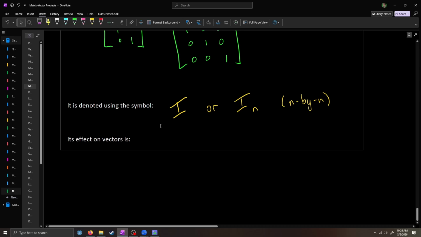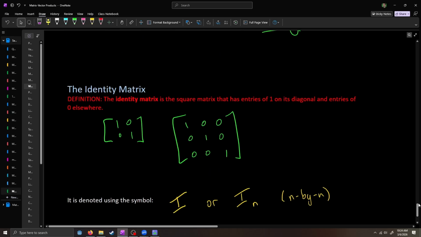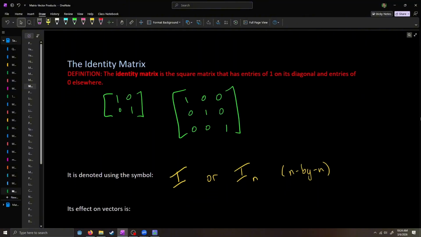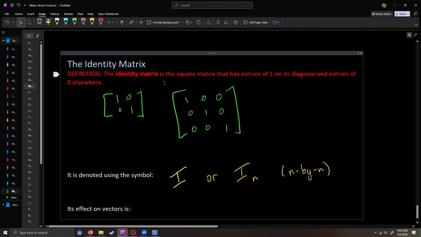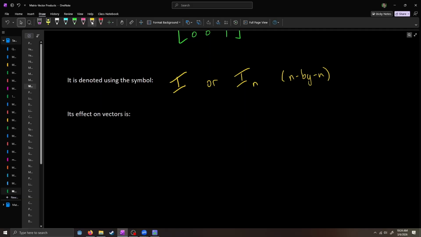But in general, if you see the symbol capital I describing a matrix, that is talking to you about the identity matrix. And this matrix is special because when you apply it to vectors, it does absolutely nothing at all.